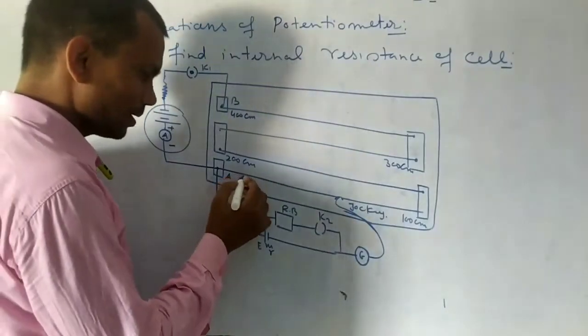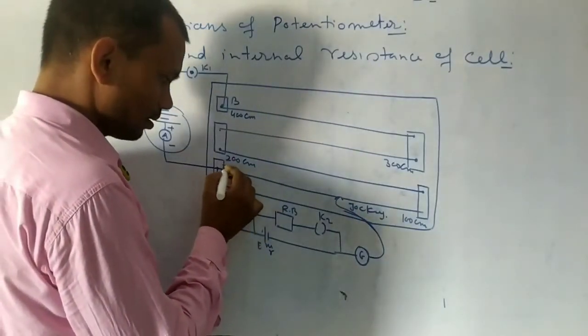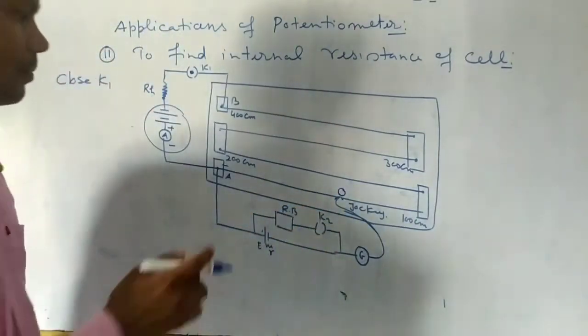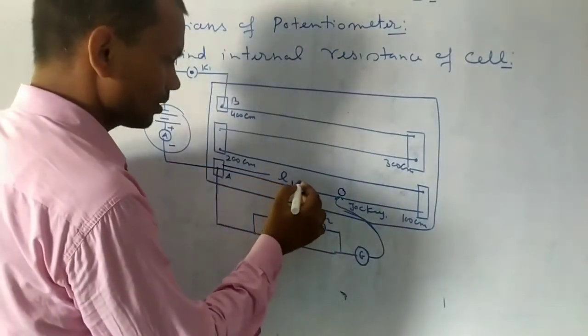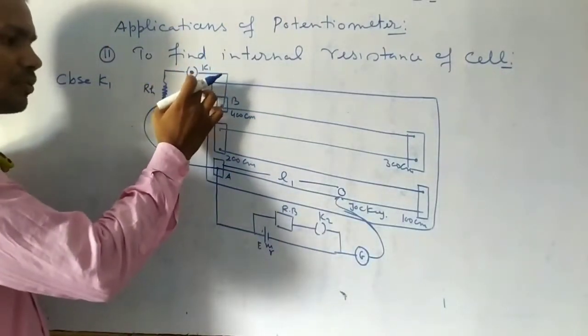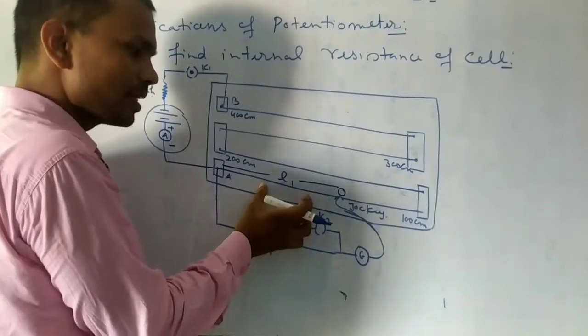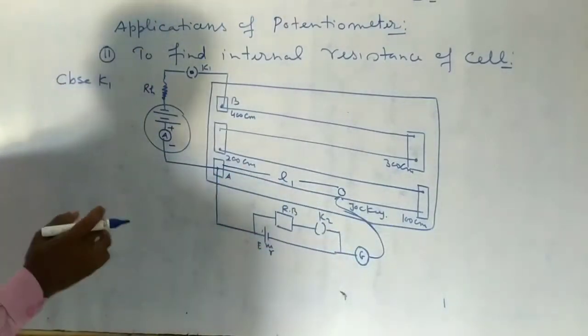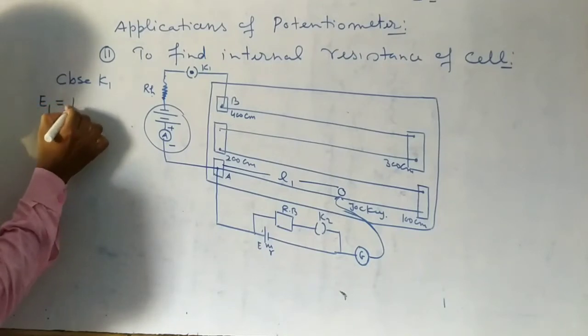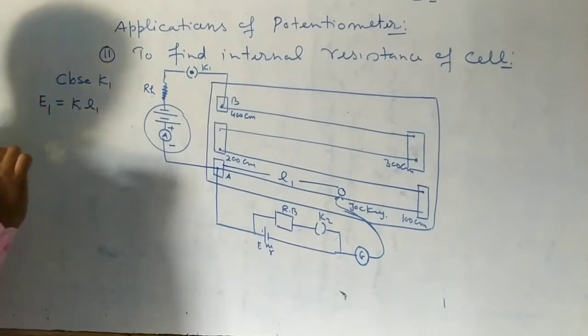Suppose the point O is where we get the balance point, and this distance is L1. So when K1 is closed, L1 is the balancing length. So we can write E equals K L1, this is equation 1.